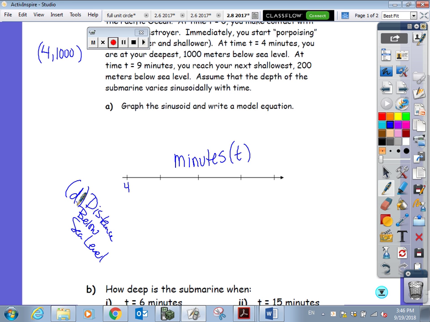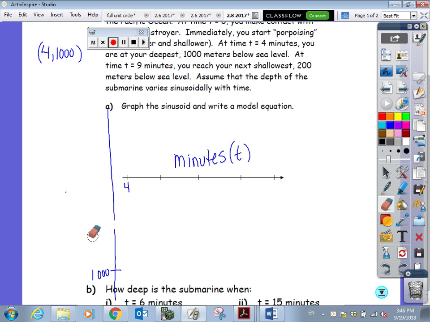Now, if I know this is 4, and then I know my y-axis is going to be somewhere over here, and it is at the deepest, therefore we know 1,000 is going to be our deepest. Let's rewrite this.